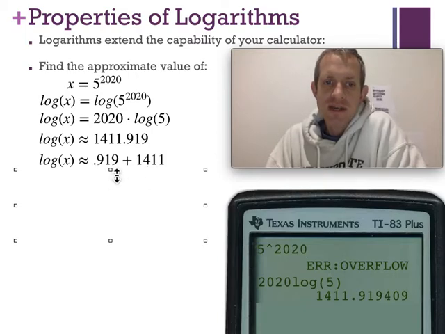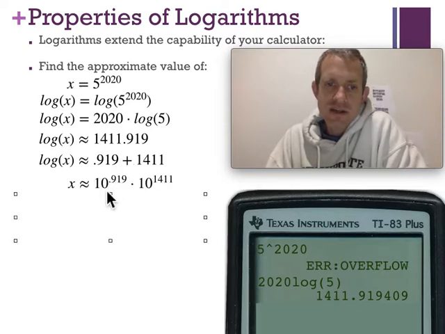But I'm going to raise this side on top of base 10. And so 10 to this can get calculated as 10 to the 0.919 times 10 to the 1,411. And this part, 10 to the 0.919, is something that you can type into a calculator. If you do that, you get this 8.29 number.